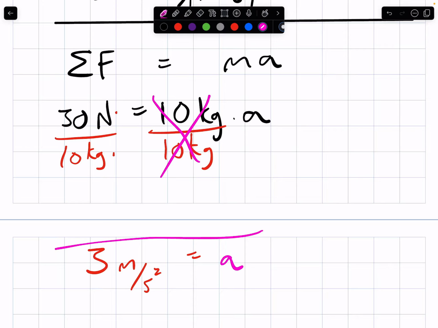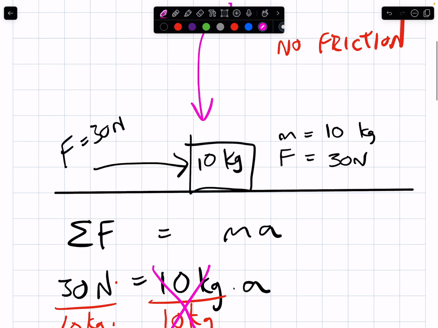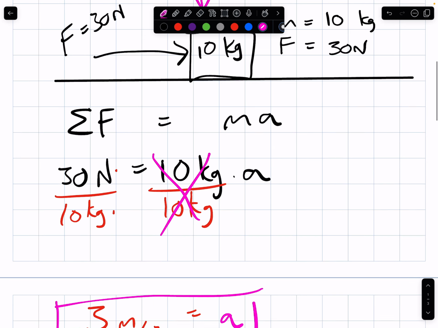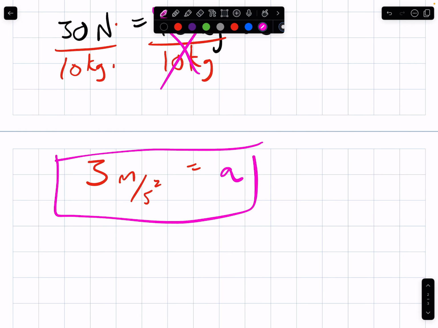So there's the first part of the problem. Both blocks will start to accelerate at 3 meters per second squared. They're going to start gaining 3 meters per second of speed every second that force is being applied. So they're speeding up, going faster and faster and faster, right? They have the same acceleration. That's the first part of the problem.